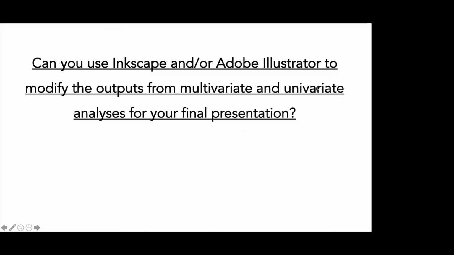But I think the best way for you to actually learn how to use one or both of these softwares is to simply take the outputs from the previous days in the course, the multivariate, the univariate, the networks, etc., and to try to make them as beautiful as possible, or maybe not beautiful, but as clear and conveying as much information as possible.